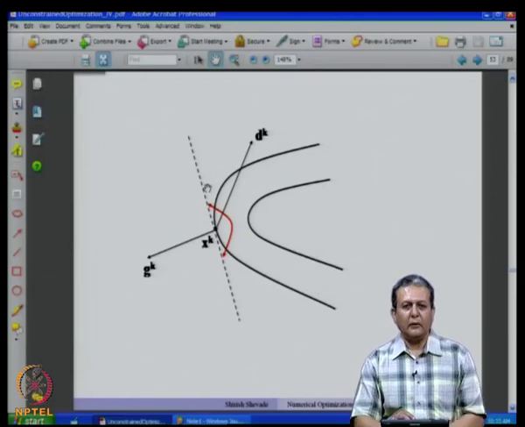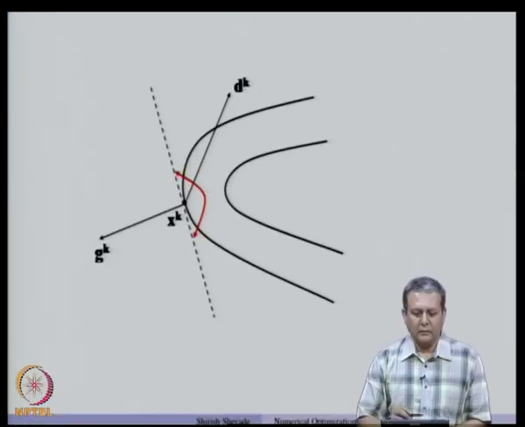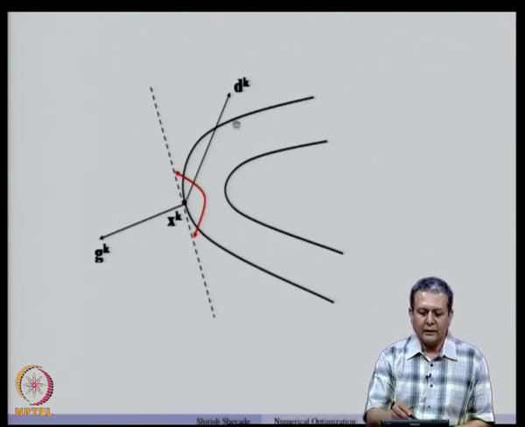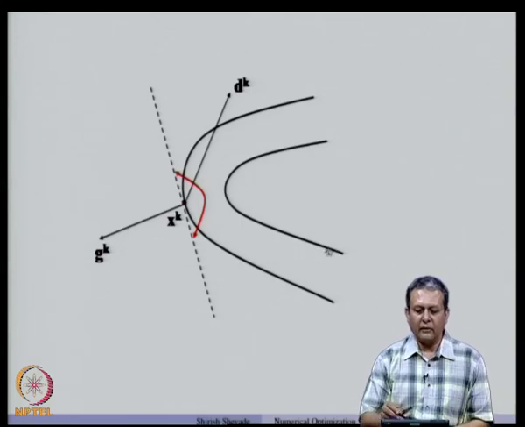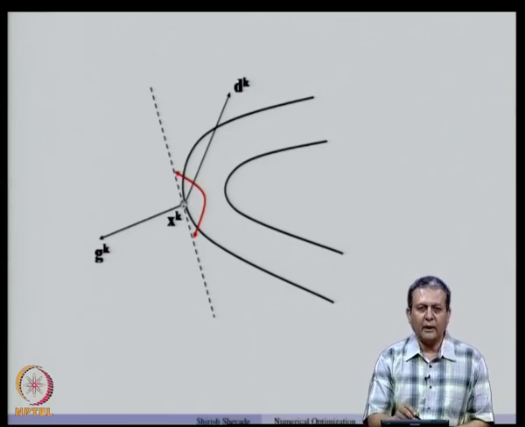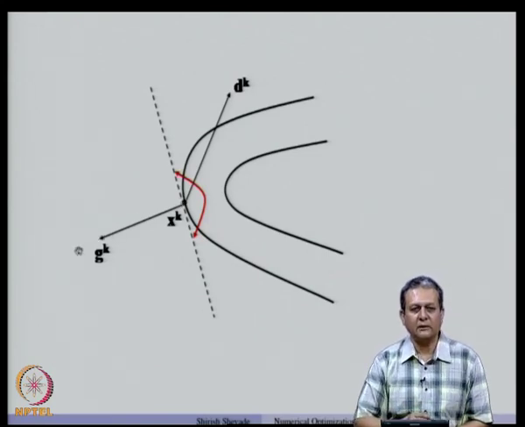So, now let us look at the set of descent directions. Now, these are the contours of the given function. This is the current point x k. Now, at x k, this is the gradient vector g k. So, in this direction the function value increases. Now, d k is a descent direction. What is the characteristic of a descent direction?